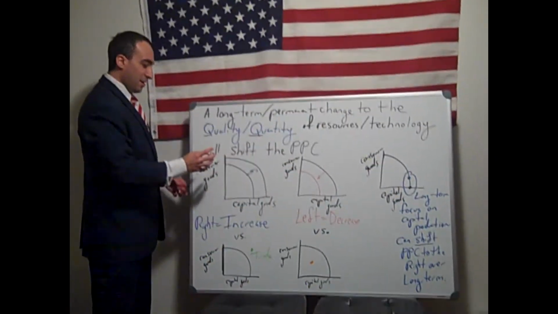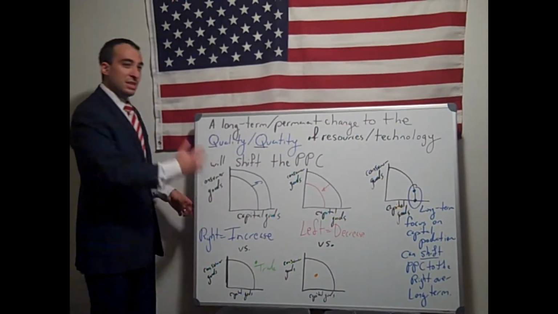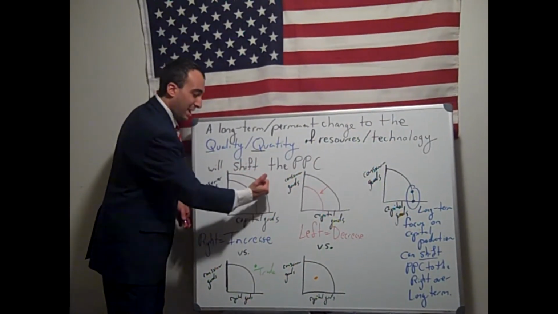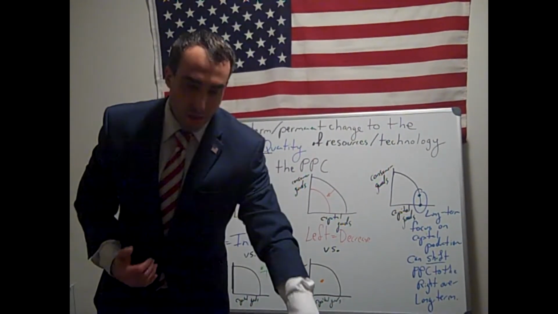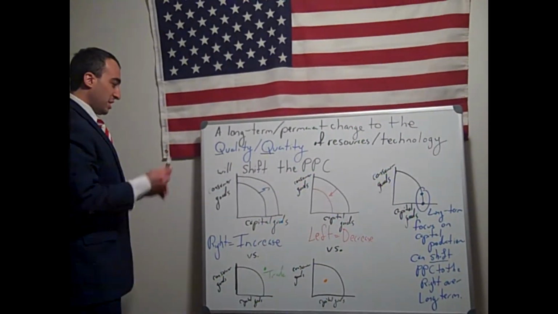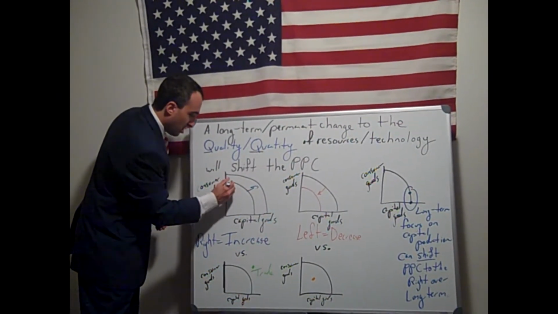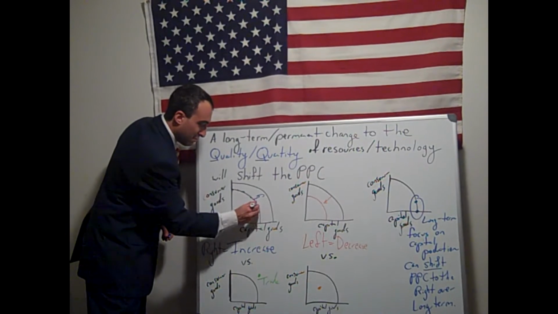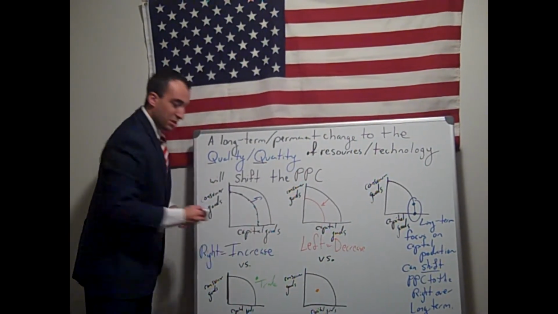This would be a major increase to the production potential of a country, and we would see, in either consumer goods and capital goods, a shift to the right. Before this innovation, this was the maximum nations could produce.